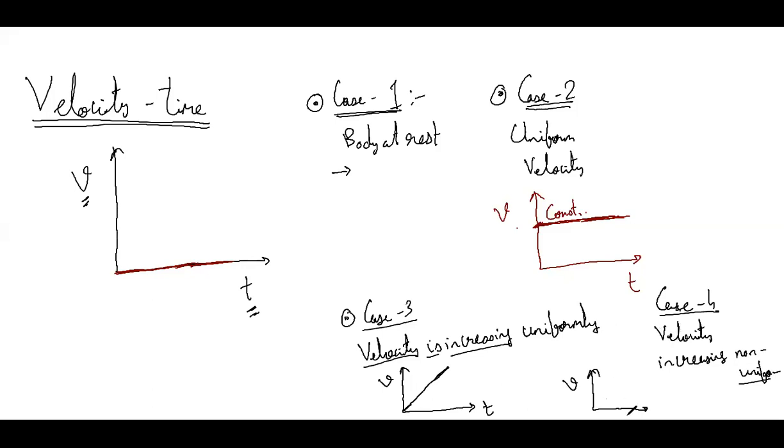Can anyone tell? Sir, it will be a curve going towards the y-axis. So it will be something like this. So that is a brief look at the other cases of velocity.